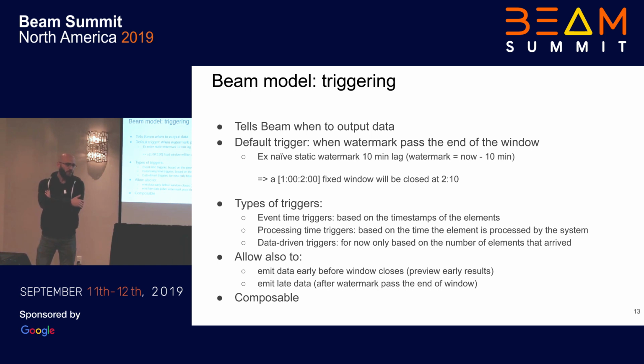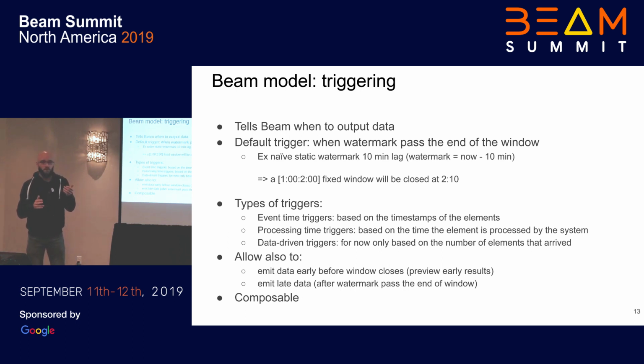Another important thing in the Beam model is triggering. Triggering is what tells Beam when to output data. You don't need to specify a trigger: when you specify no trigger, you get the default trigger, which fires when the watermark passes the end of the window.